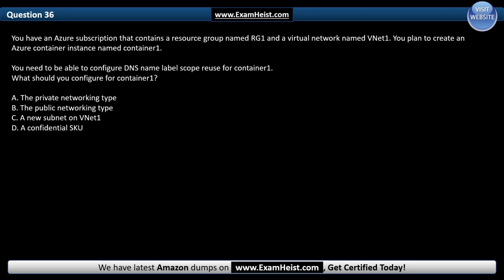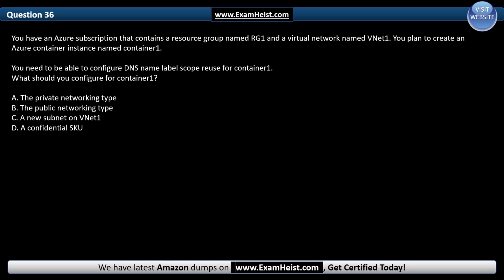Question 36. You have an Azure subscription that contains a resource group named RG1 and a virtual network named VNet1. You plan to create an Azure container instance named Container1. You need to be able to configure DNS name label scope reuse for Container1. What should you configure for Container1?